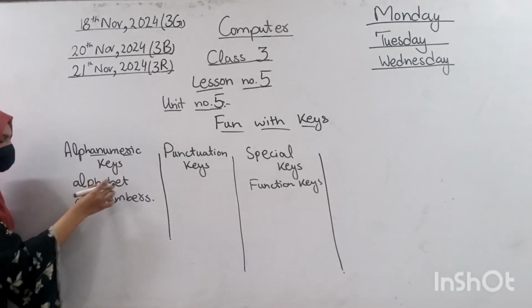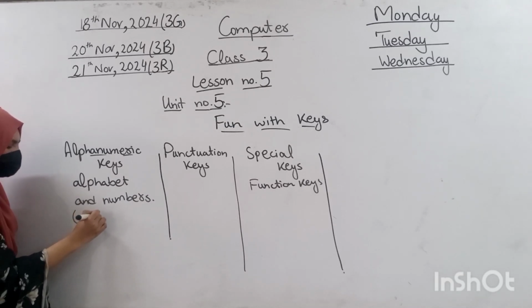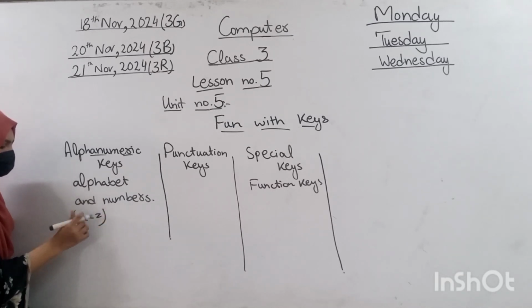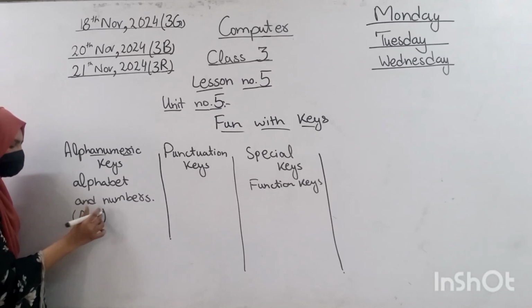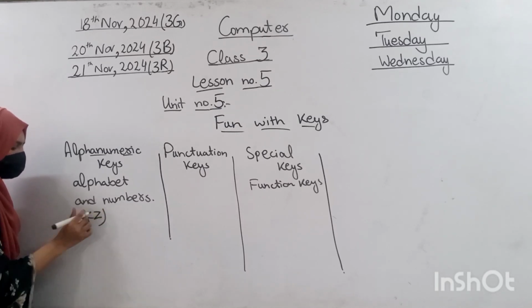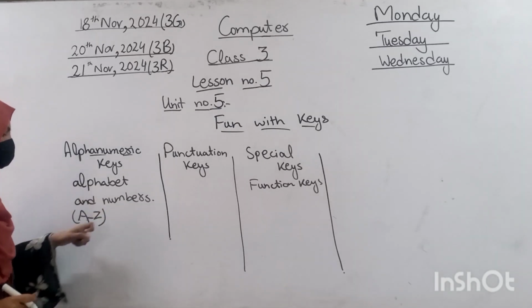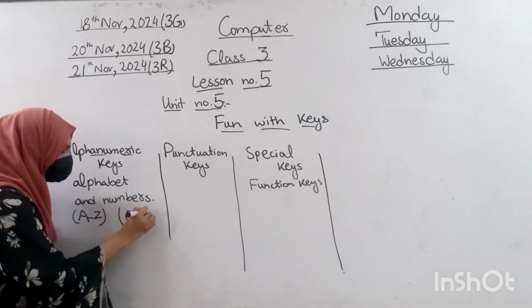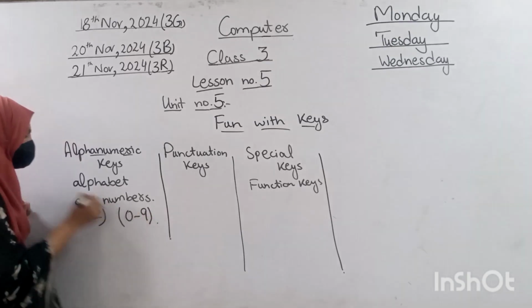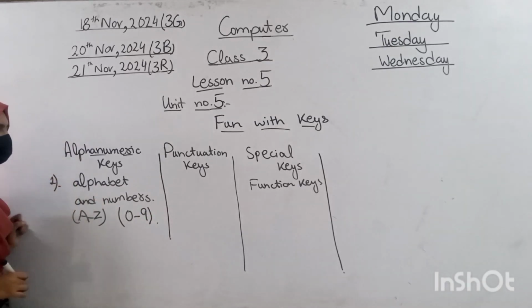The alphabets range from A to Z in capital letters. These A to Z keys are written in capital letters on the keyboard. The second one is our number keys. Number keys range from 0 to 9. So this is our alphanumeric keys.